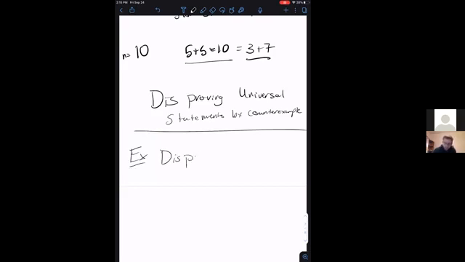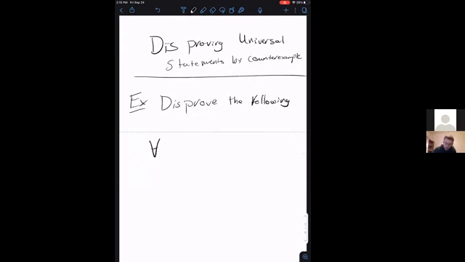Disprove the following: for all x and y in the real numbers, any real number you can think of, if x squared equals y squared, then x equals y. I told you to disprove it, so you know this is false, but sometimes it could just say prove or disprove.